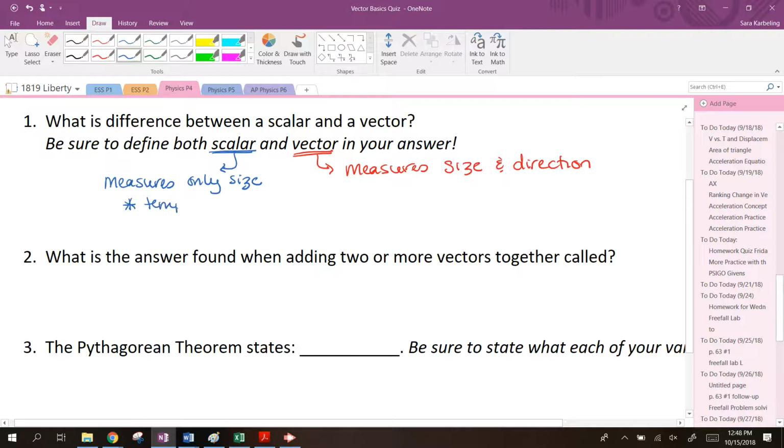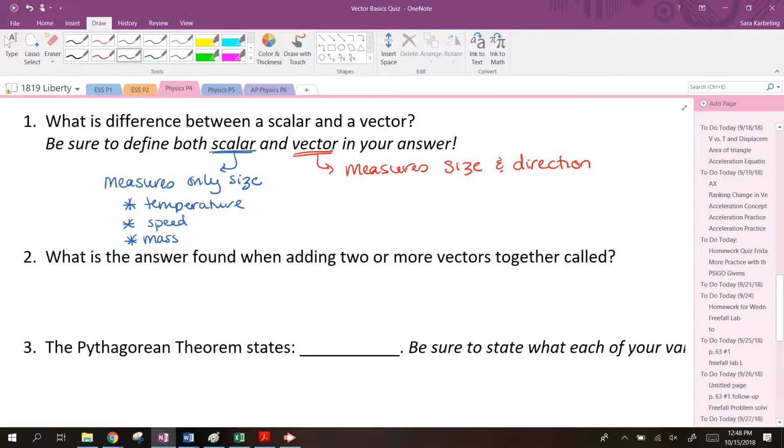Temperature. Speed. Mass. If you measure the temperature of something, you're just given a number, right?